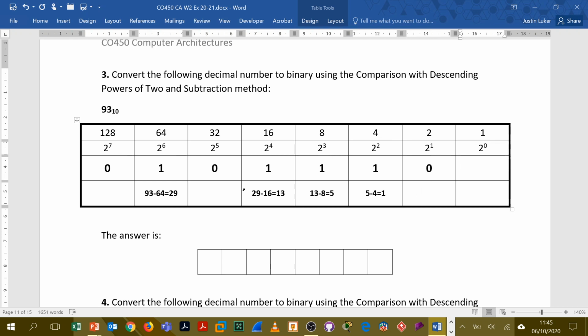So that's going to be 1, because it's minus 1, 0. Okay, I think we're there.